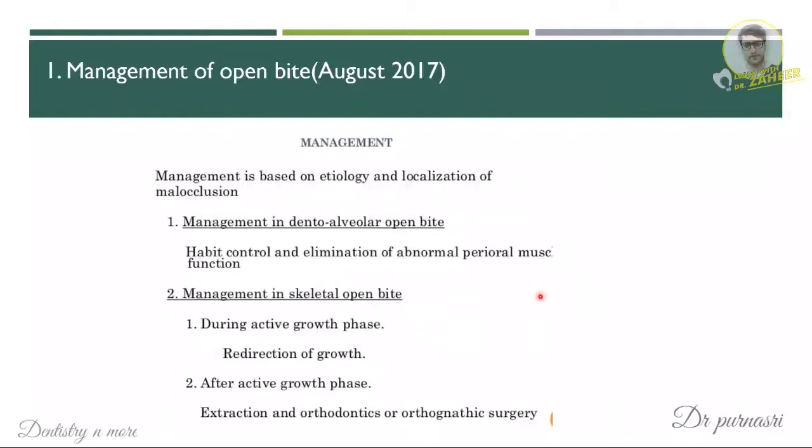Then if there is skeletal open bite, and if it is during the growth phase, we can redirect the growth. And if it is after the growth phase, we can do extraction and treatment by orthodontics, or if it is severe, then we can go for an orthognathic surgery.